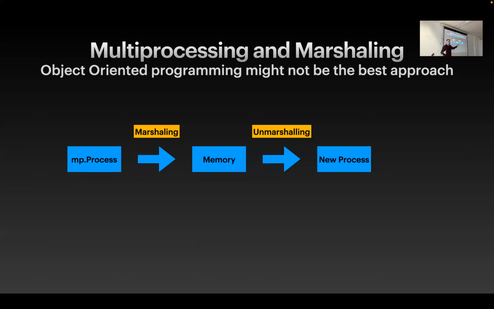This is the marshalling of the MP process. Then a new operating system thread is started with fork, with spawn, or with other ways. And then this memory that you have saved your process to gets unmarshaled into the new operating system thread. And when this happens, a few things happen.